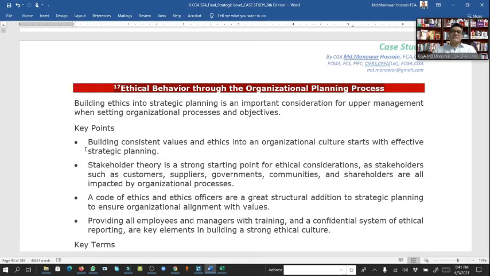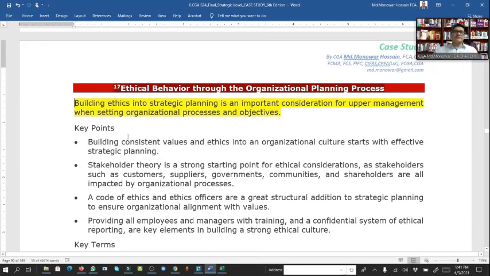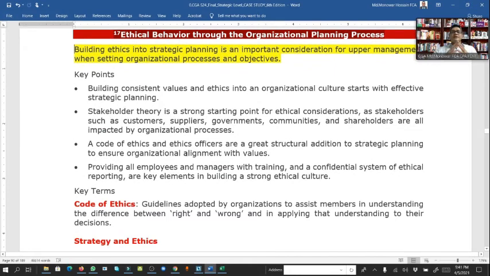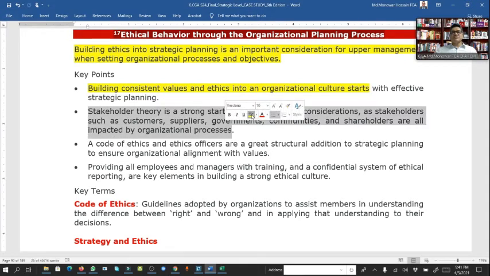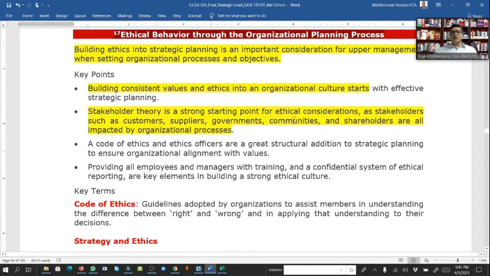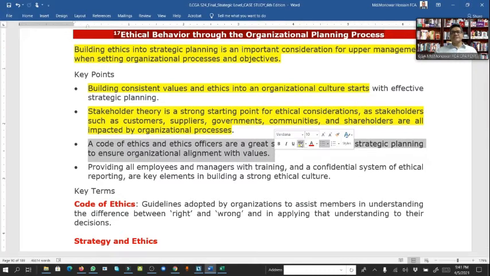Building ethics into strategic planning is an important consideration of upper management when setting organizational processes and objectives. The key point is building consistent values and ethics into the organizational culture. Effective strategic planning uses stakeholder theory in different processes: supplier, government, community. We also have a code of ethics as accountants.